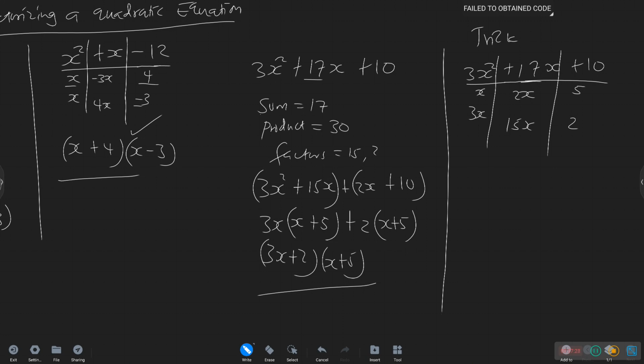When you add the two, it gives you 17x. 2x plus 15x is 17x. So you pick this one and that one, so that it is x plus 5. And you pick this one and this one, it is 3x plus 2. So you get the same thing, 3x plus 2 and x plus 5. So that is the simplest way of doing factorization.